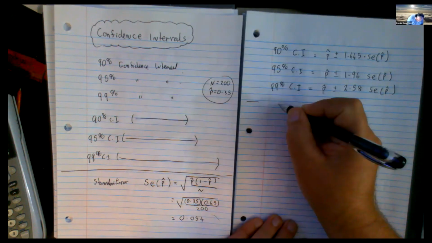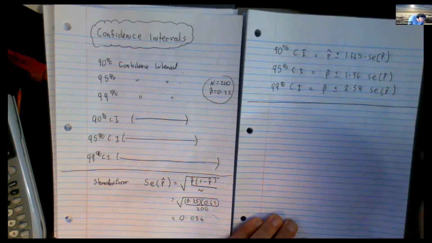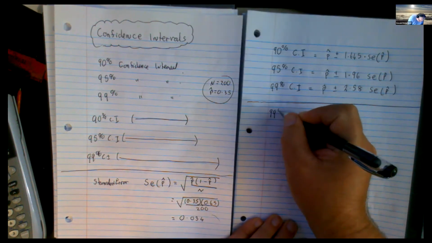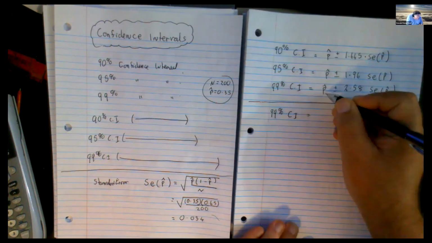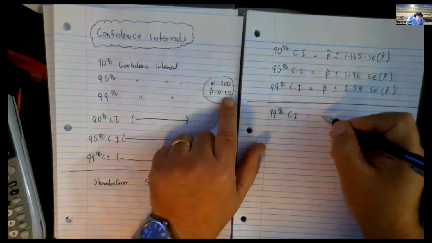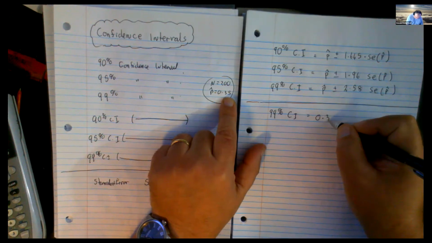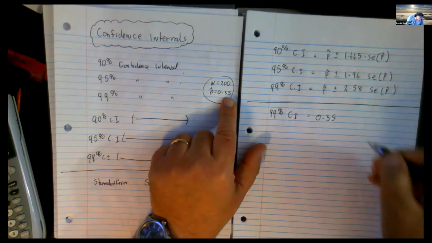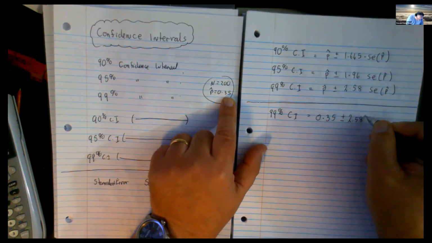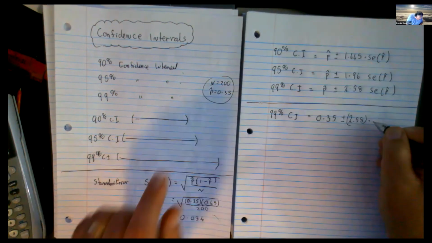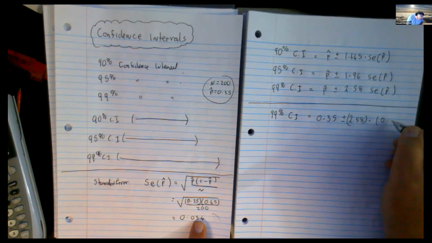So just do that little fella here. A 99% confidence interval. It's going to be p hat, which is the sample statistic, 0.35, plus or minus 2.58 times the standard error, 0.034.